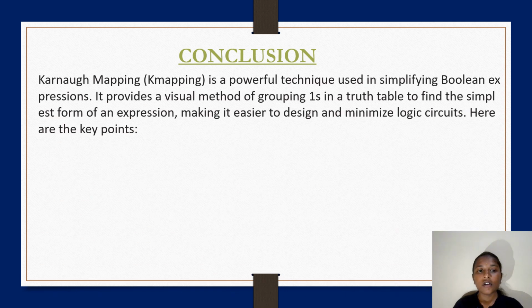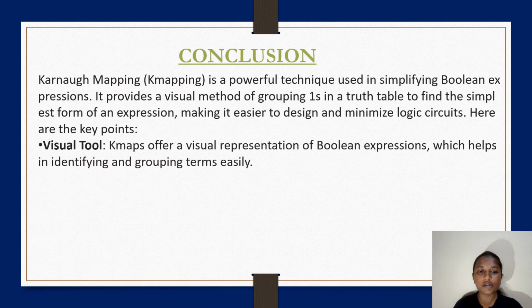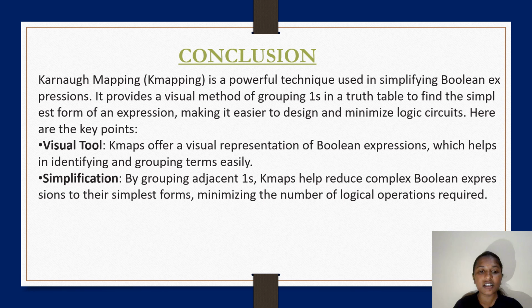Conclusion: K-mapping is a powerful technique used to simplify a Boolean expression. It provides a visual method of grouping ones in a truth table to find the simplest form of an expression, which makes it easier to design and minimize logic circuits. First is a visual tool: the K-map offers a visual representation of the Boolean expression, which helps in identifying and grouping terms easily.